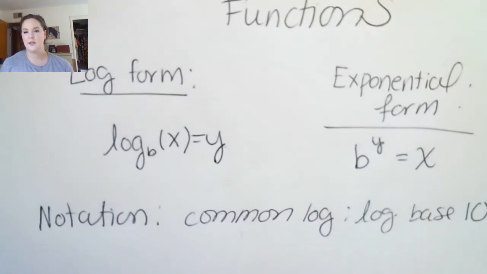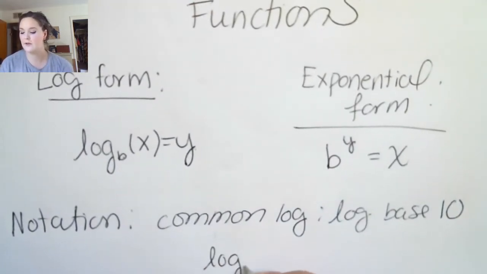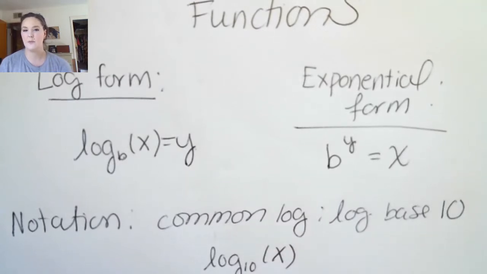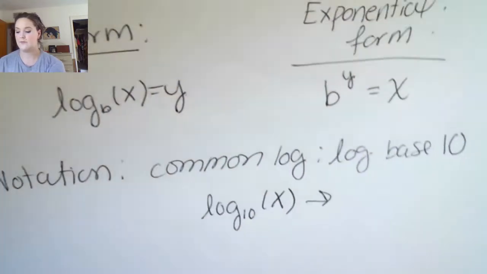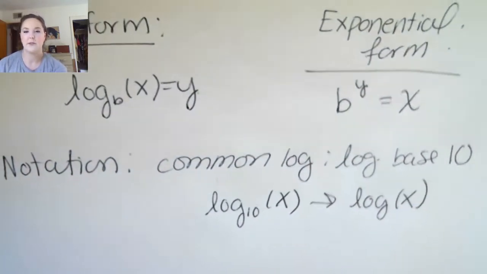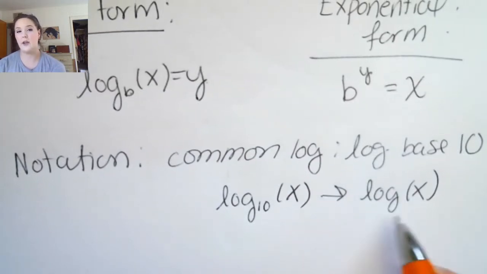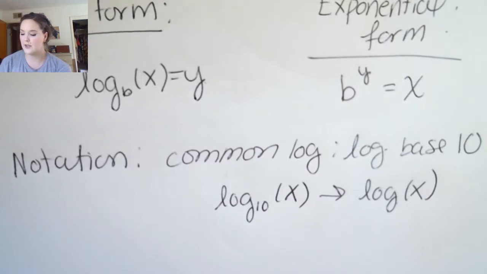Okay, and instead of writing log base 10 of x, people will rewrite this as just log x with no base. Okay, so just so you remember, if you don't see a base, that means log base 10.